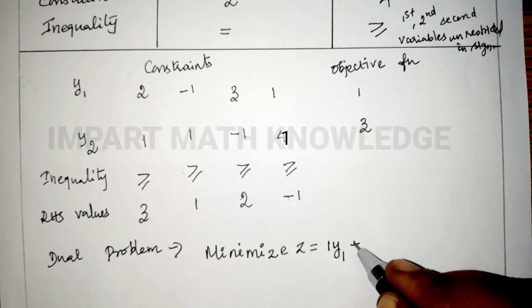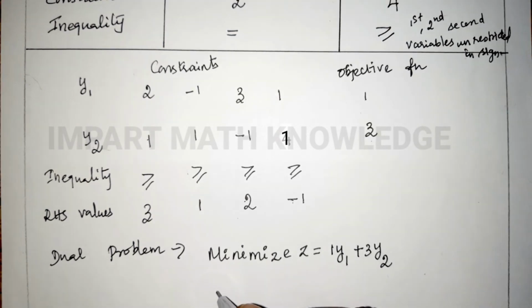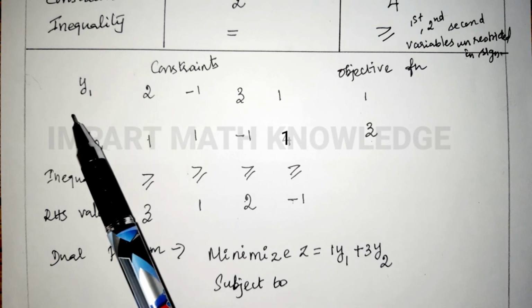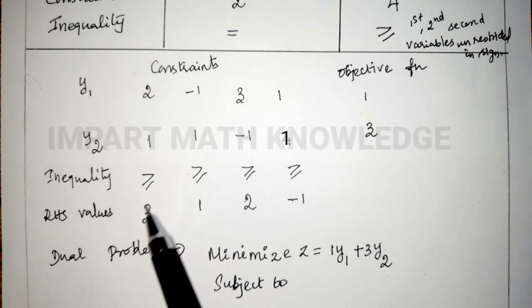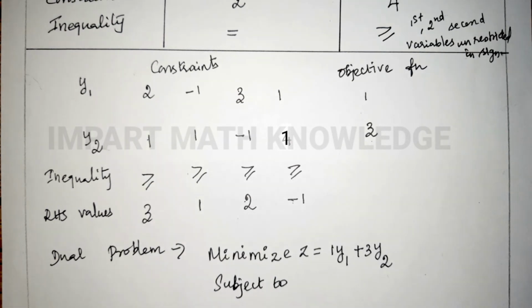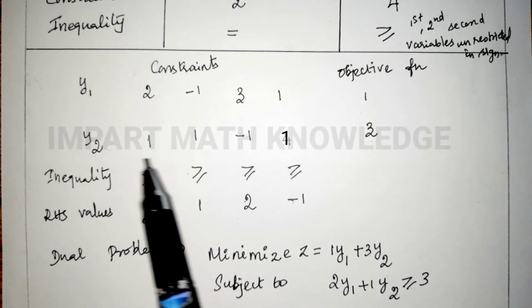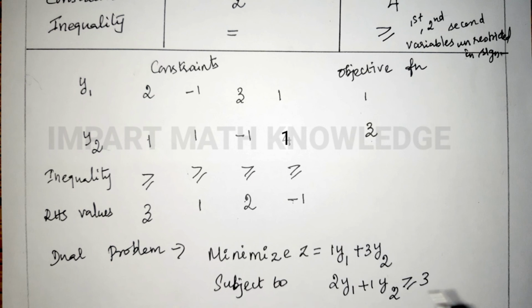Subject to the first condition is 2y1 plus 1y2 greater than or equal to 3. Second condition is minus 1y1 plus y2 greater than or equal to 1.